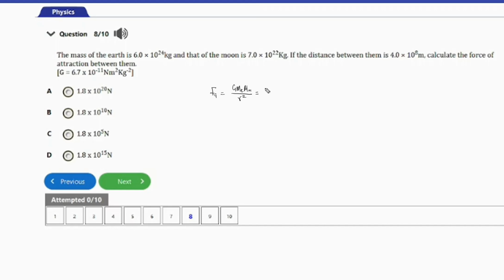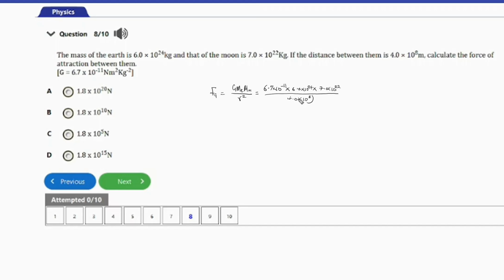So guys, if we go ahead and plug in the values here, we have that Fg is equal to G, which is 6.7 times 10 to the power of negative 11, multiplied by the mass of the Earth, which is 6.0 times 10 to the power of 24, then multiplied by the mass of the Moon, which is 7.0 times 10 to the power of 22, and all this over the square of the distance between them, that's the square of 4.0 times 10 to the power of 8.